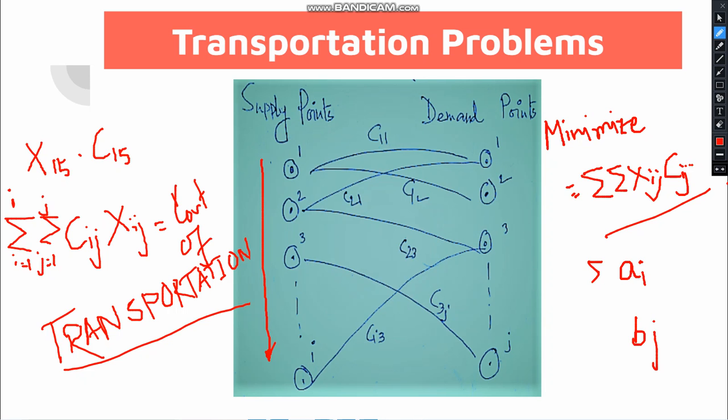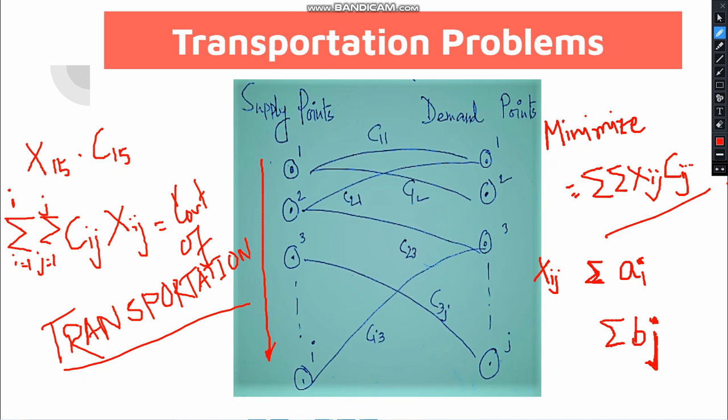So let us give a summation over here, which indicates the total supply or availability, and this represents the demand. So Ai is nothing but the availability and Bj is nothing but the total demand. Now see, if the availability is not more than the demand, then the transportation of materials is not feasible.